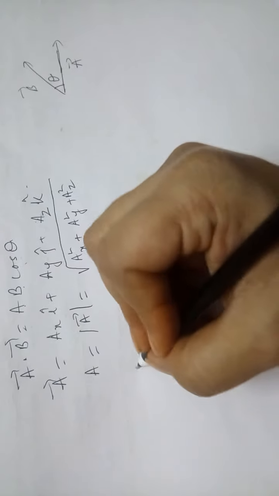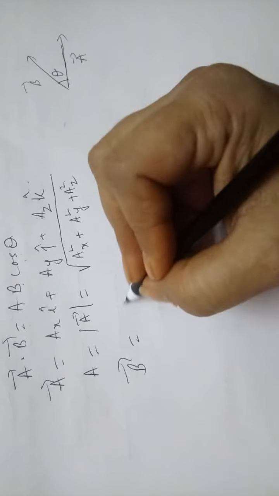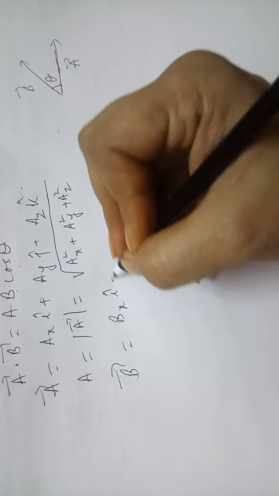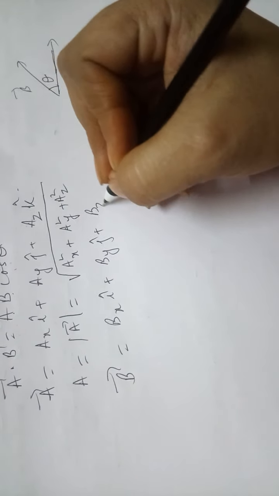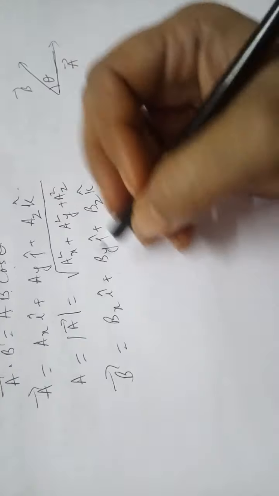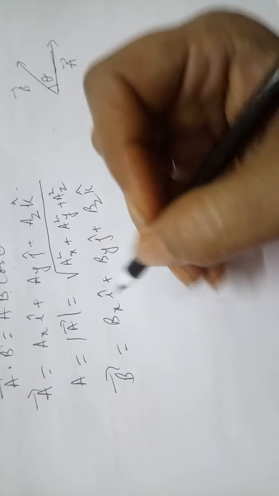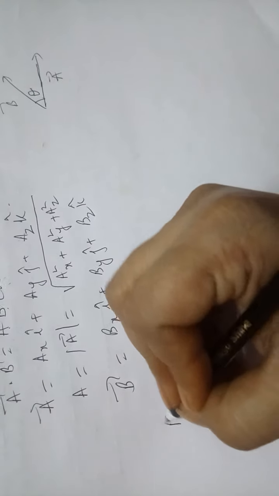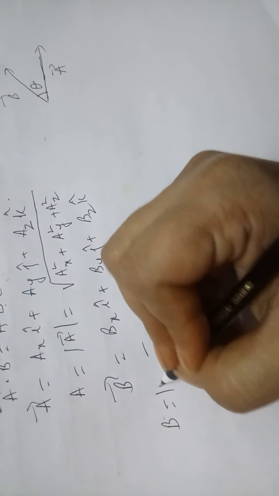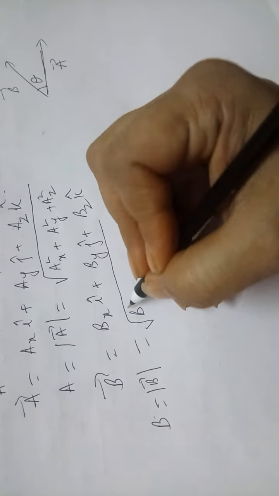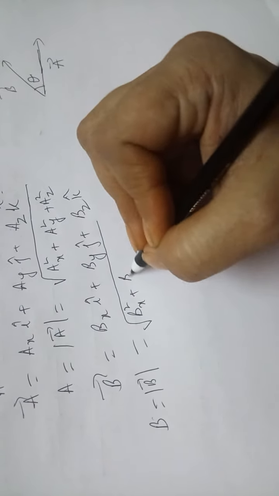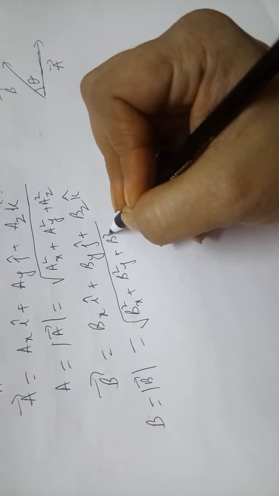We can also write B vector as bx i caret plus by j caret plus bz k caret. We all know that i caret, j caret, k caret are the unit vectors. So the modulus of B vector is the square root of bx squared plus by squared plus bz squared. So this is how we represent A and B. I hope it is clear.